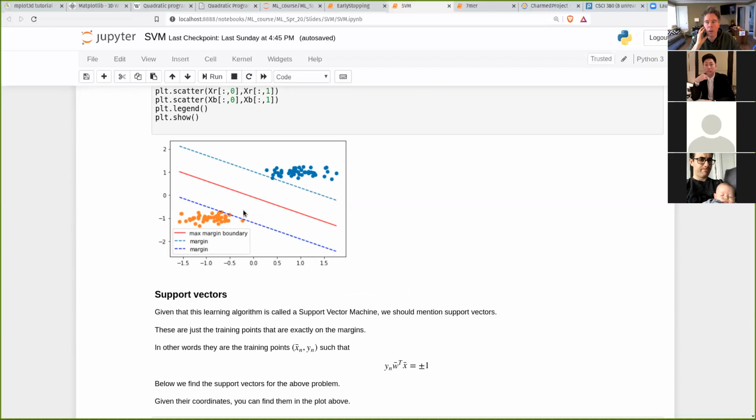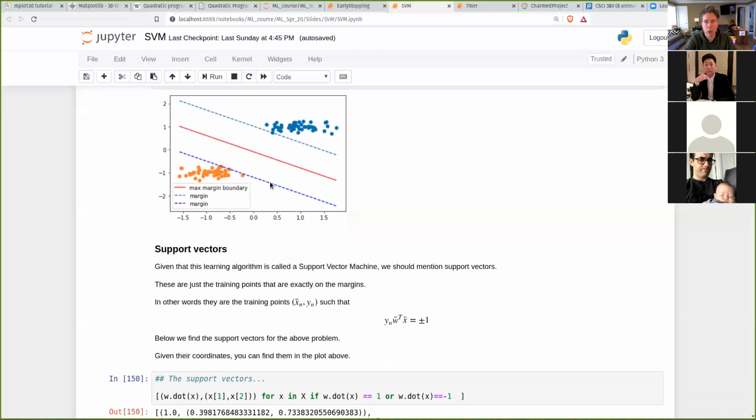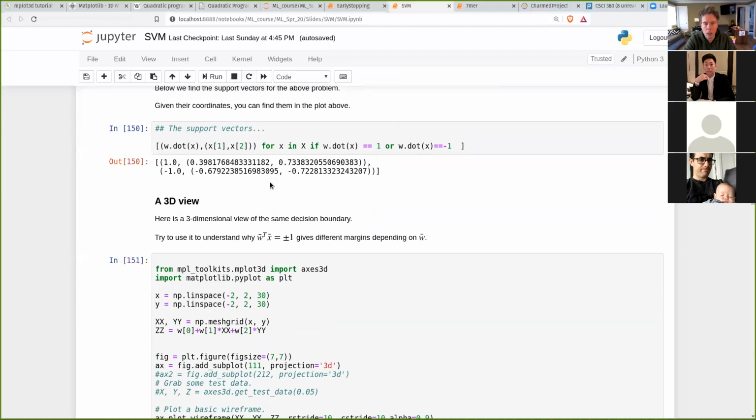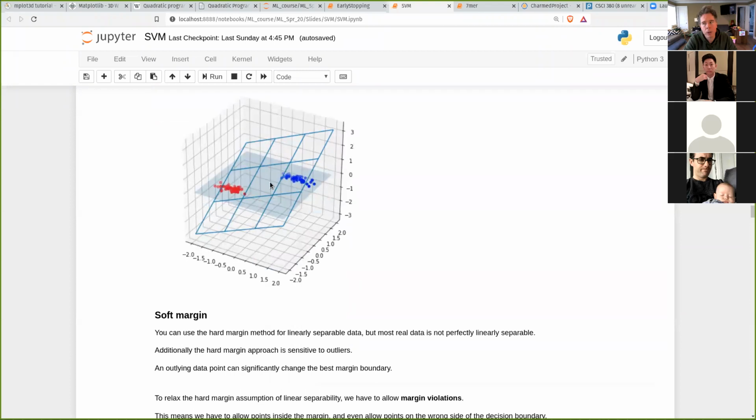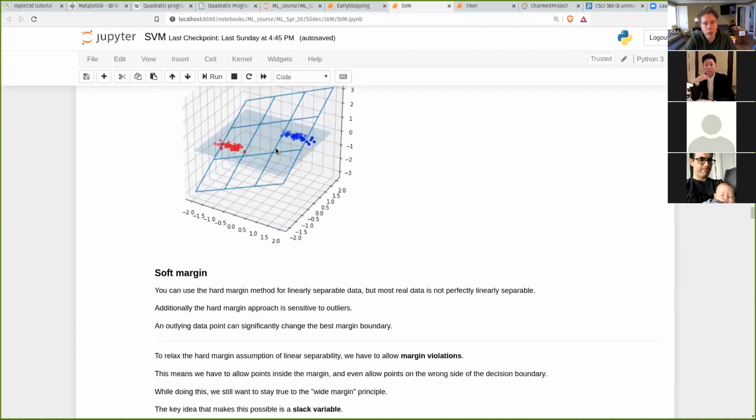Also, in order to make predictions, the support vector machine just needs the support vectors. So it compresses the information in the training set into just 2 points. And here's where we make the 3-dimensional version. I just mostly wanted to show you this picture to explain the equations for the margins.